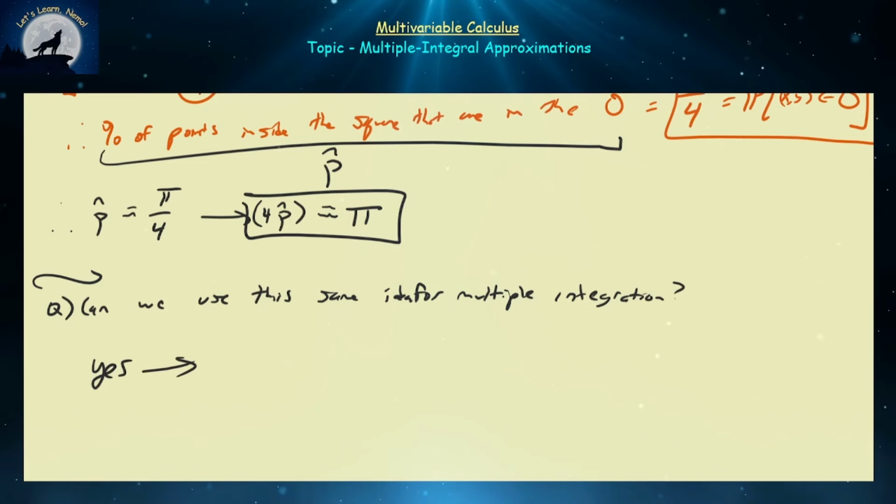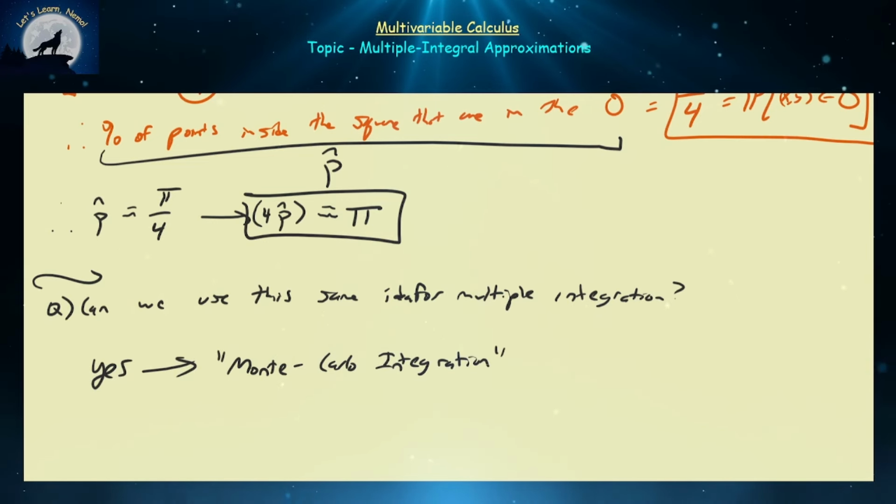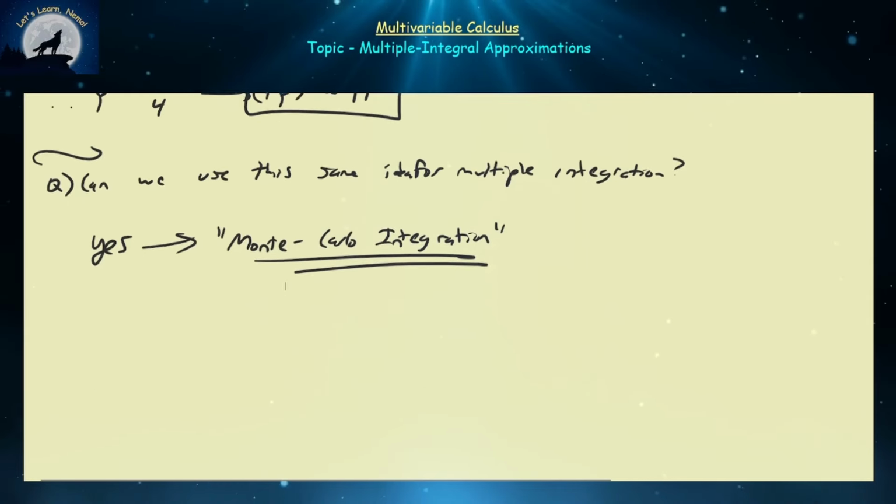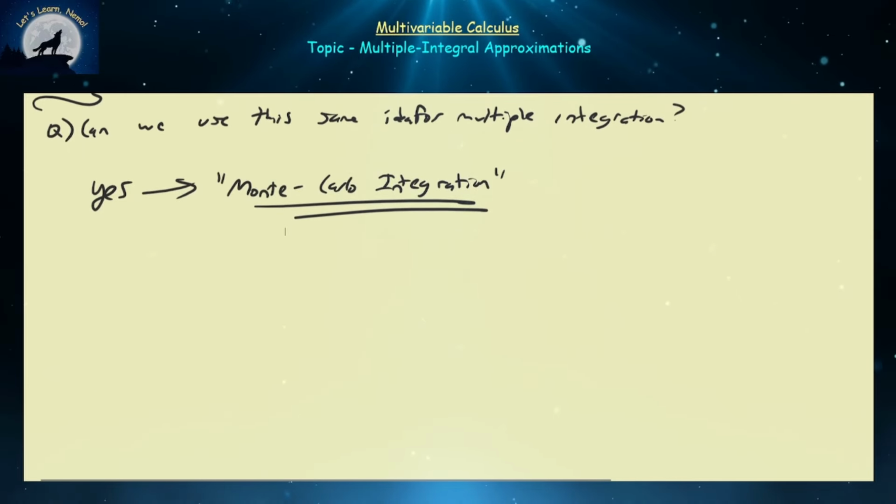And this method is sometimes referred to as Monte Carlo integration. And a lot of numerical methods for higher dimensional integrals will use Monte Carlo integration to approximate. So there will be a sense of randomness to the accuracy and also the error, but there are some numerical analysis theorems out there that give you bounds and give you some thresholds on how to control it.